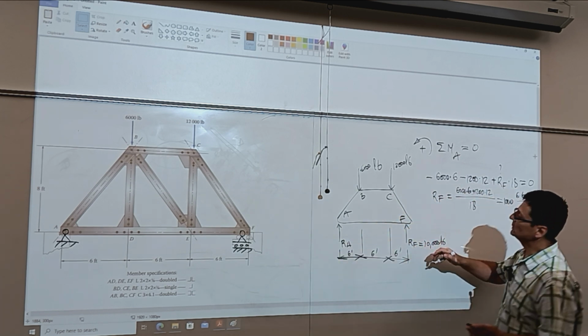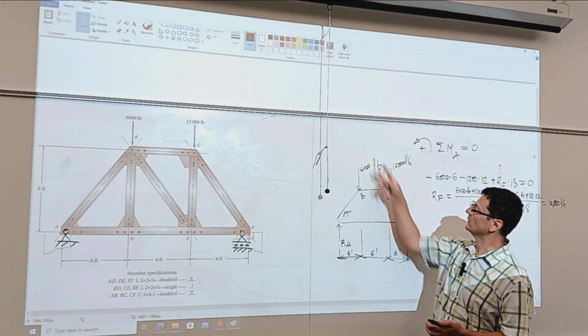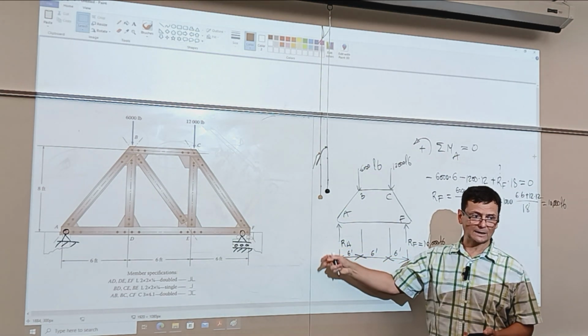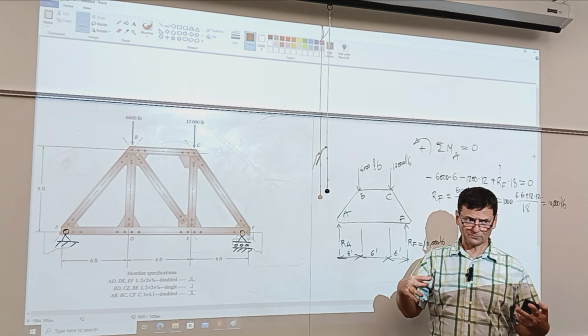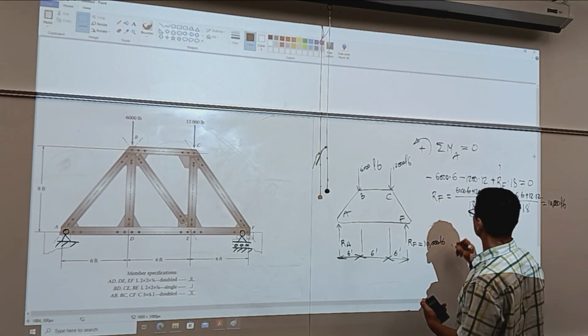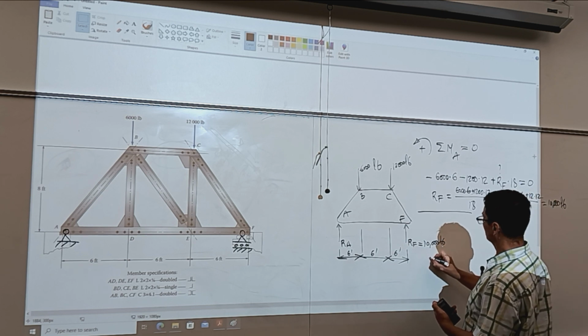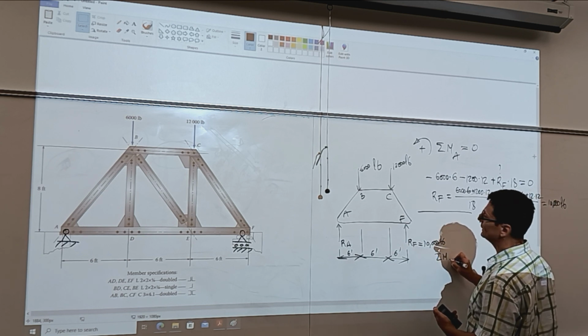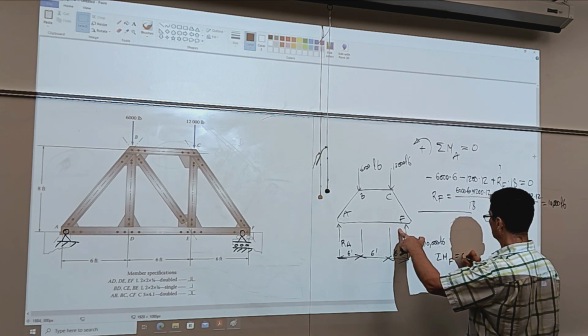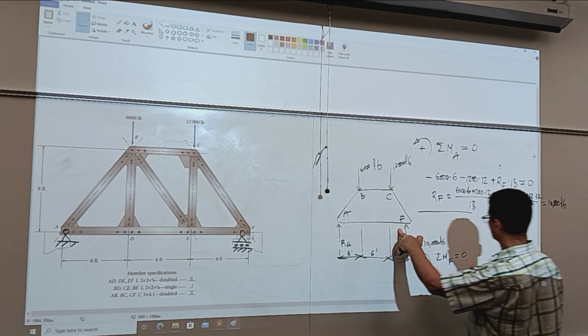And then you may be tempted to go and say, okay, sum forces in the y direction, calculate RA. Let's hold it for verification. So we're repeating this moment equation. Sum of moments about F equals 0. Likewise, counterclockwise positive.